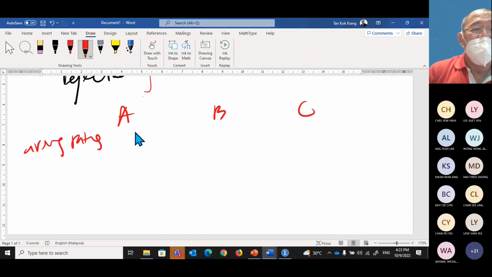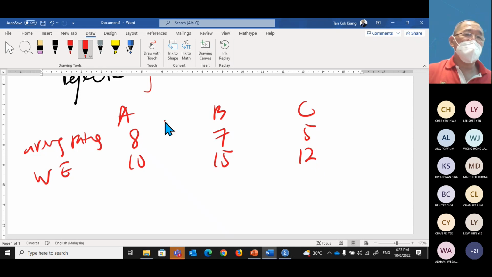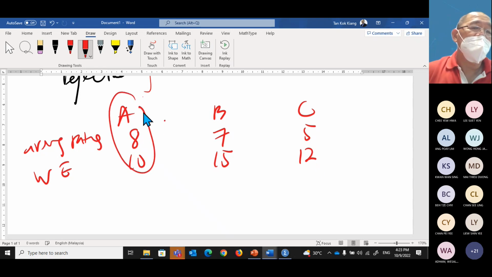Candidate A scores 8, here 7, here 5. Working experience: this one let's say 10 years, this one 15 years, this one 12 years. But the CEO may choose A, because the average rating is quite high. Something like that, and therefore you can say it's discriminatory.